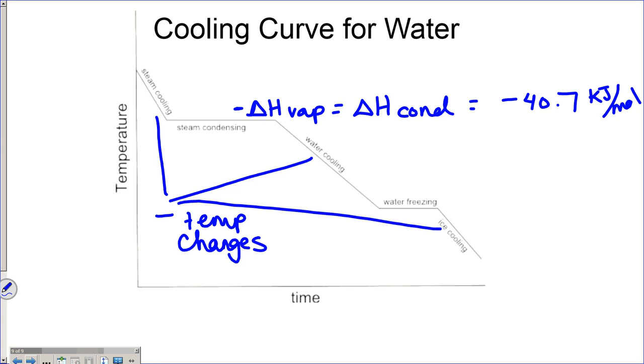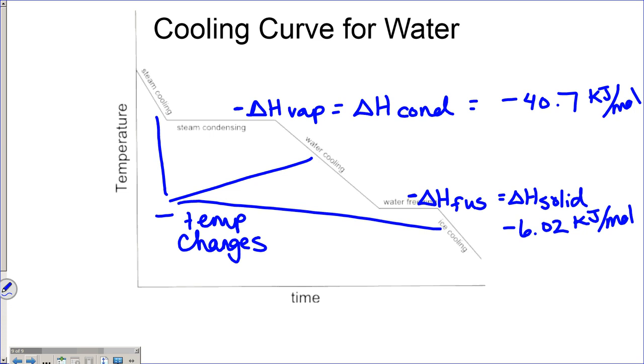Whereas it's freezing. So here we used to have our heat of fusion, but now it's negative. It's going down. So it is actually our heat of solidification. It's yet again the same value, but negative. So this is actually going to be that negative 6.02 kilojoules per mole.